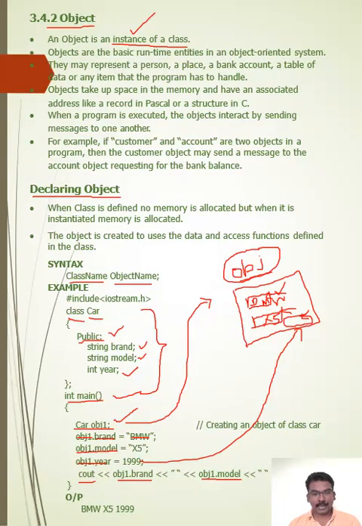To access the brand data member inside the object, we use object1.brand. This goes and takes the value from there, and through cout it displays. So this is what a class and object is. The advantage is that once you create a class, you can create many objects from the base class or the main class.